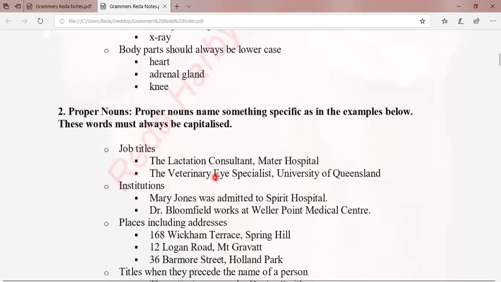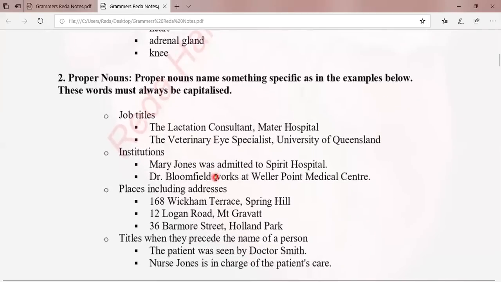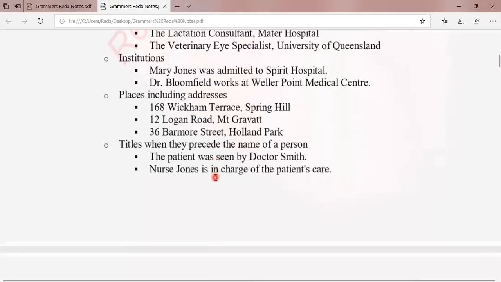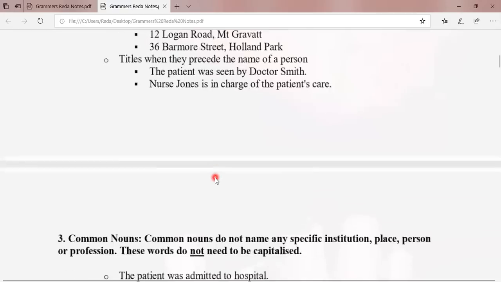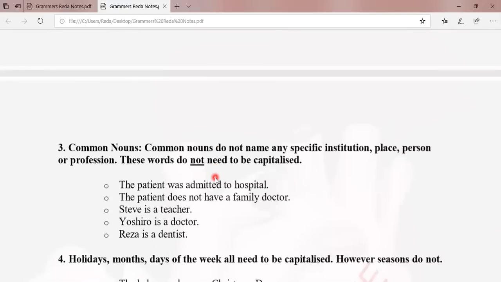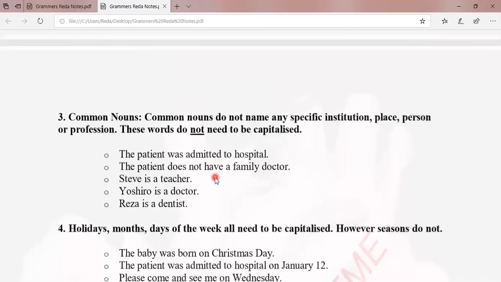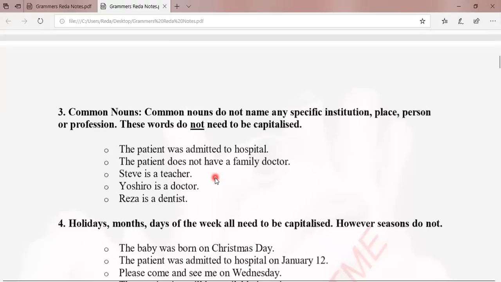Job titles, institutions, addresses, titles like Dr. Smith, Nurse Jones, should be capital. But family doctor, to the hospital, she's a teacher, she is a doctor, she's a dentist are not capitalized, because common nouns do not name any specific person or institution, so they should be small letters.